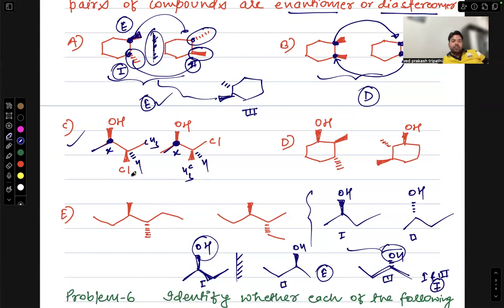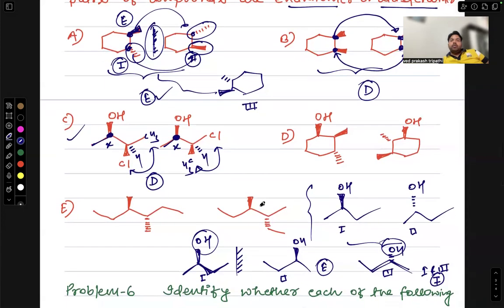You can see there is an exchange of chlorine with methyl. So what is the relationship? Tell me. If one has change, one has no change, then that is called diastereomer. Make sense? Tell me everyone, it makes sense? Okay, perfect.